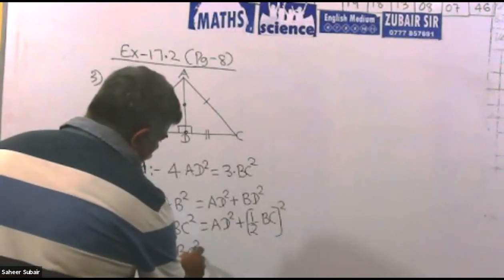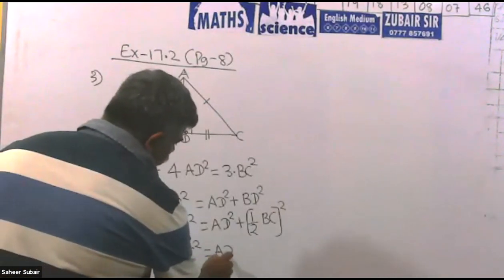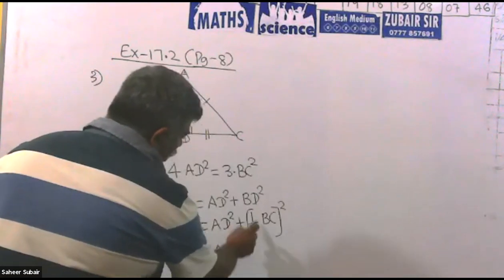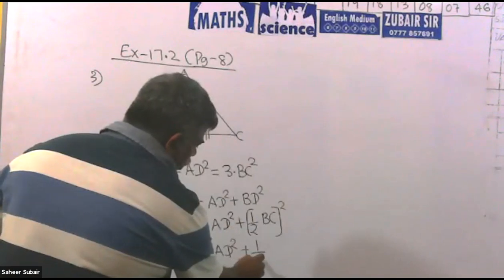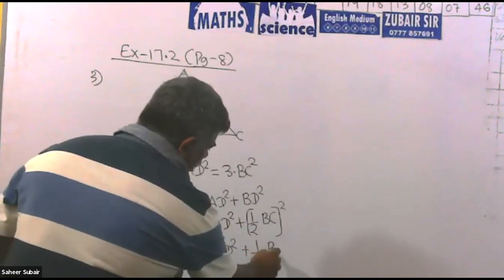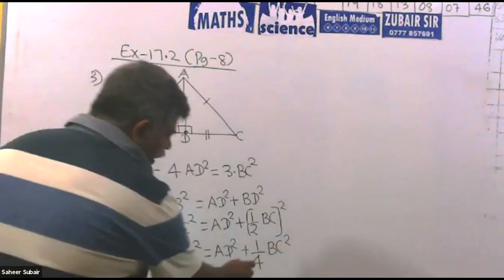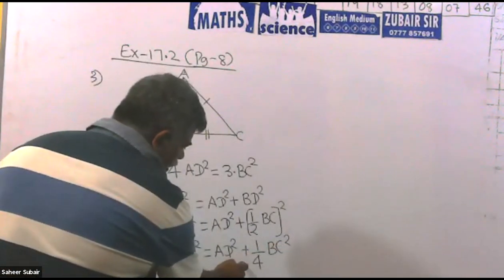Let's see this way. BC squared is there. Then here AD squared is there. Here 1 squared is 1, over 2 squared. 2 squared is 4, then BC squared. Then there's a fraction over here, 4.